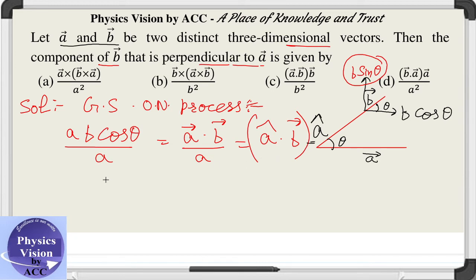Now the perpendicular component will be given by the total vector minus the parallel component, which is A dot B vector times A cap.